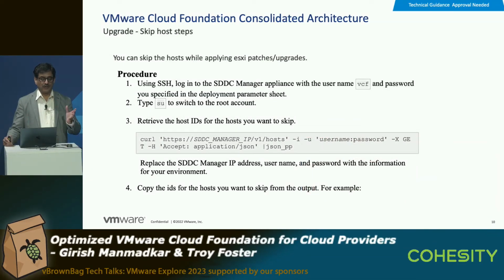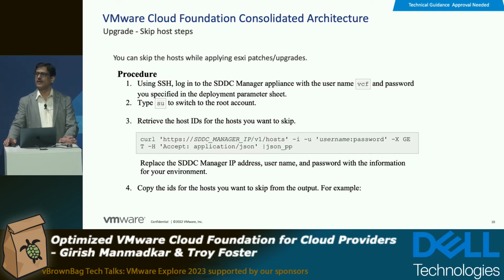While you are performing lifecycle automation, this process is well documented in the VMware Cloud Foundation documentation as well. But I want to make sure you understand that if you are adding a swing host as a temporary host, you don't want to touch it. You don't want to upgrade that host because it is only there temporarily.